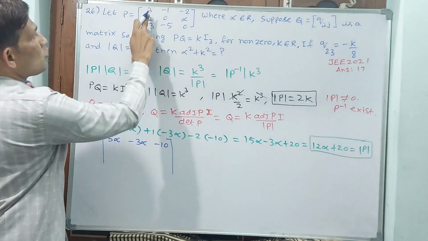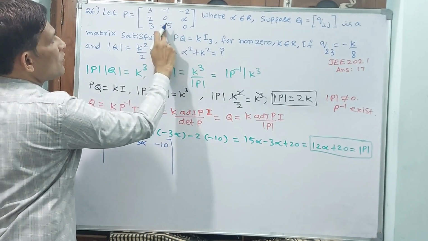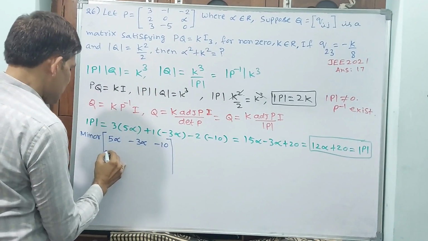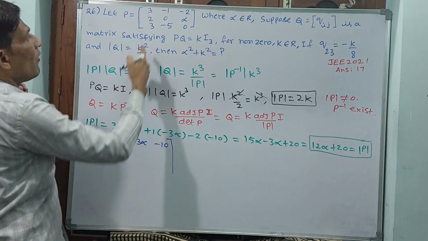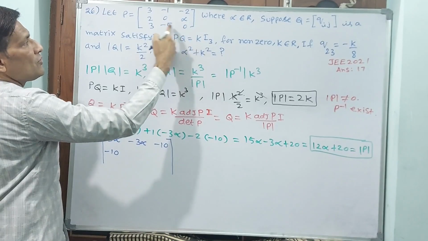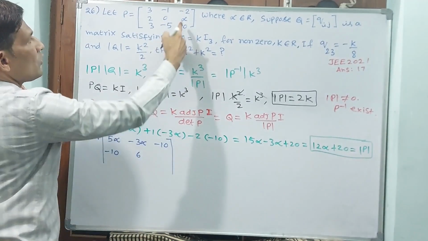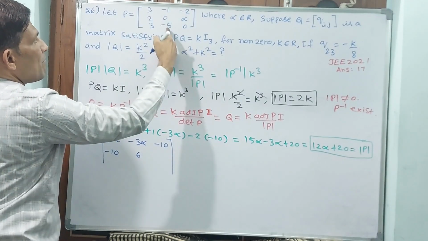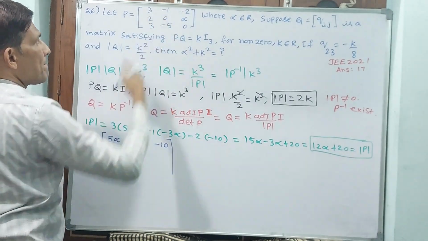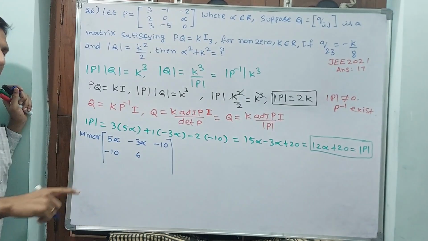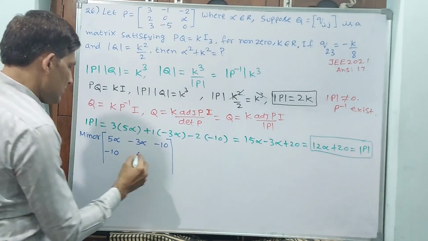Okay, now if you close 2, automatically 0 minus 10, that means minus 10. If you close 0, minus of minus 6, plus 6. If you close alpha, minus 15 plus 3, minus 12.